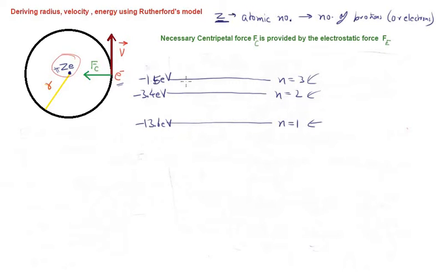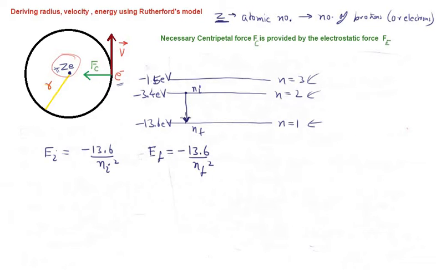Now let us say an electron jumps from a higher orbit to a lower orbit, right? So the value of n here is, let's say, n initial, and then it jumps to n final. So the initial energy will be equal to minus 13.6 divided by n initial square, and final energy will be minus 13.6 upon n final square.